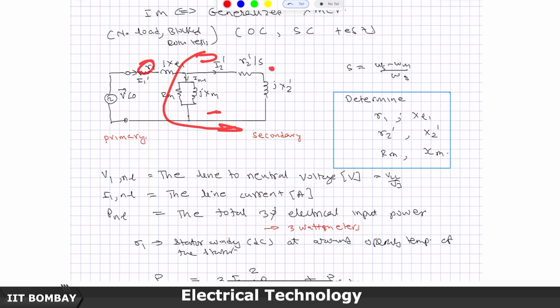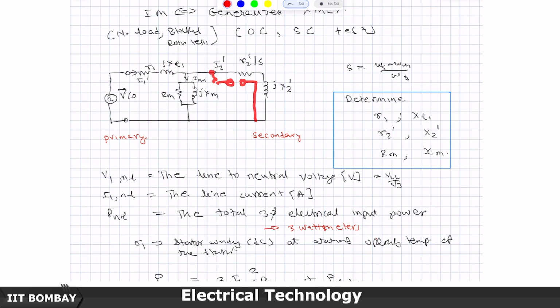But slip is close to 0. In the no load condition, slip is close to 0. So, you can imagine that there is as good as an open circuit here, because as S goes to 0, R2 by S goes to infinity, a very large value.